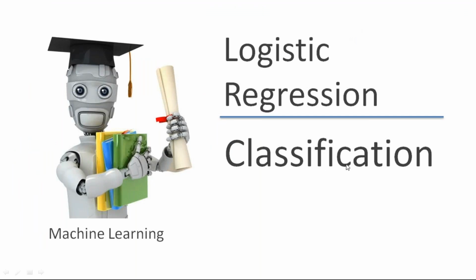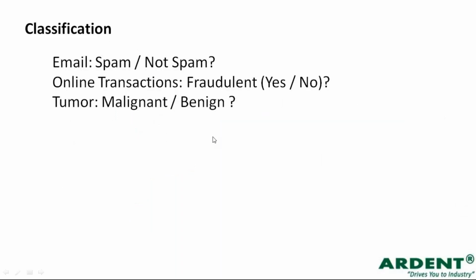So that's the thing. Logistic regression, it's a classification algorithm. The name is logistic regression, but it's basically a classification algorithm. Now, classification: whether an email is spam or not spam, whether an online transaction is genuine or a fraud transaction, or whether a tumor is malignant or benign.